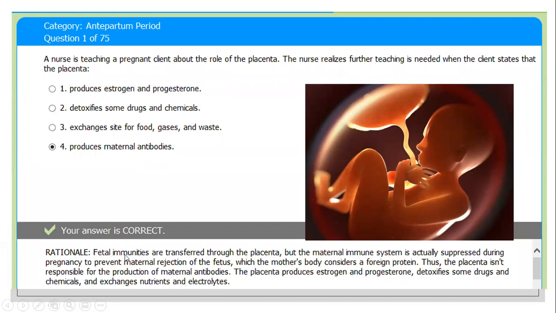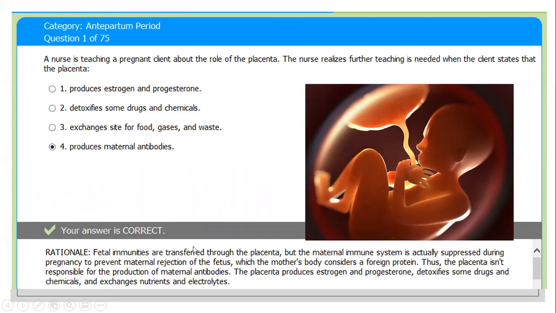Rationale: fetal immunities are transferred through the placenta, but the maternal immune system is actually suppressed during pregnancy to prevent rejection of the fetus, which the mother's body considers a foreign body.